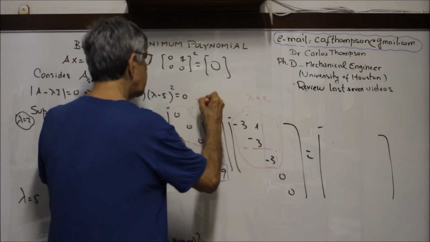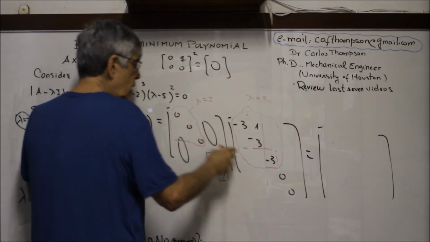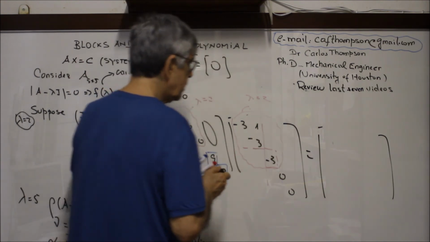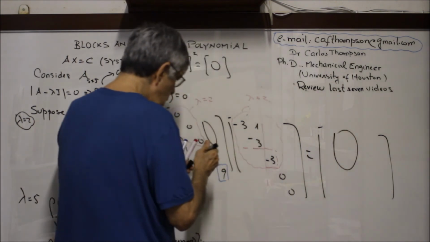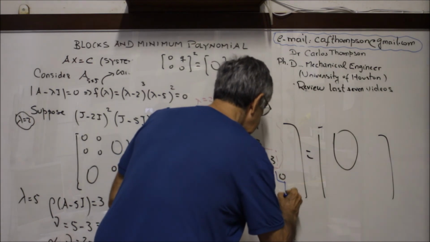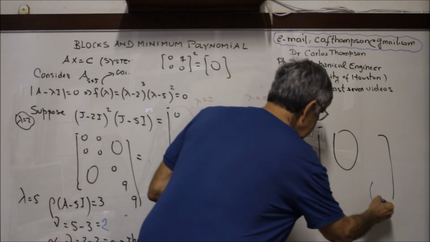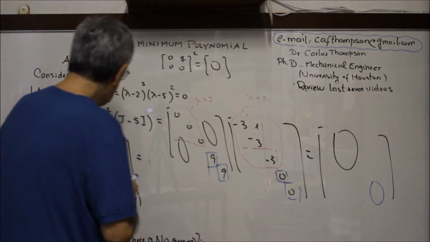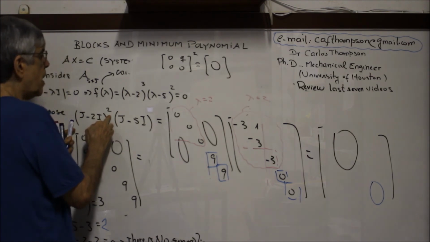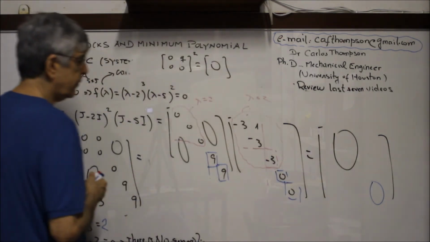When I multiply this 0 for lambda is equal to, for this here, this will be a big 0 here. Now, when I multiply the blue blocks, you'll get a 0 here. So j minus 2i squared times j minus 5i is equal to 0.